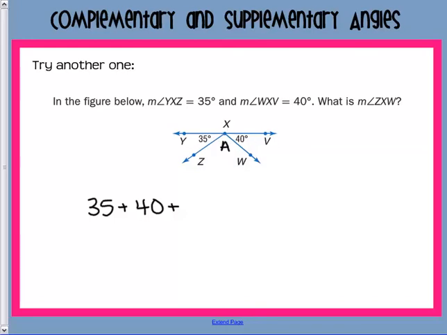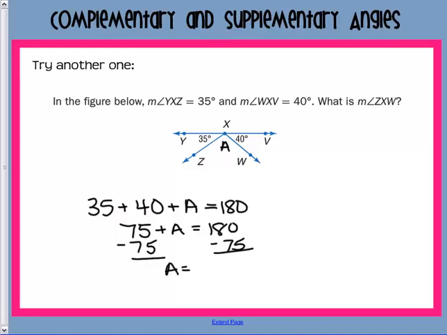So we're going to find this angle, and it equals 180 degrees. So here we have 75 plus our angle equals 180. So take 75 away from both sides, and we're left with A equaling 105.